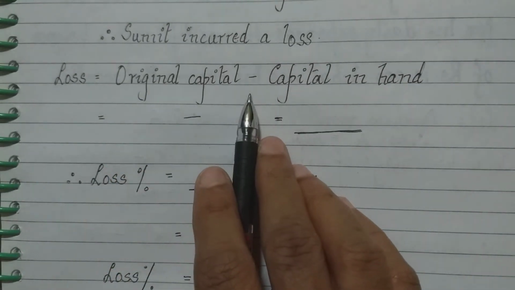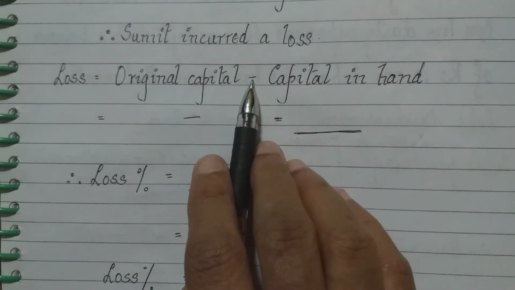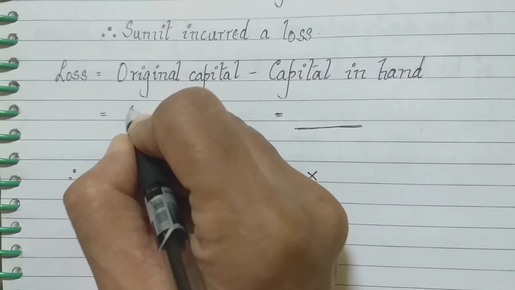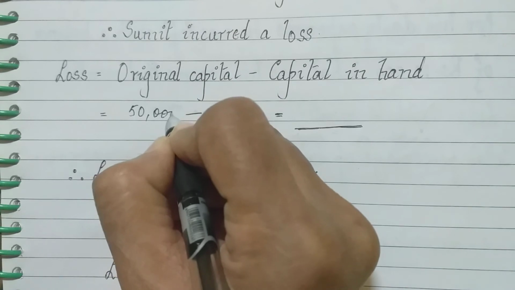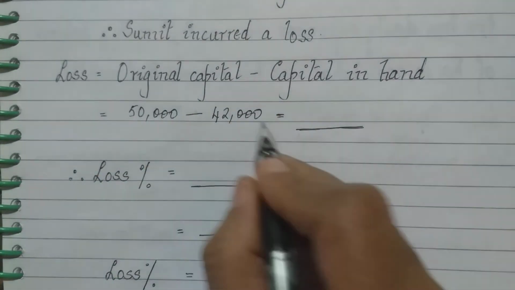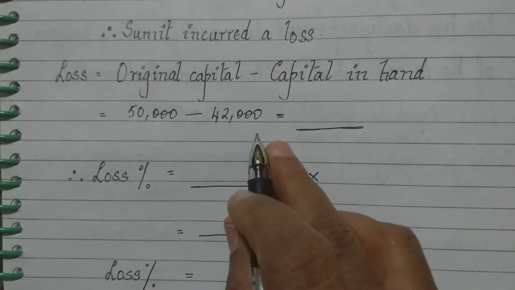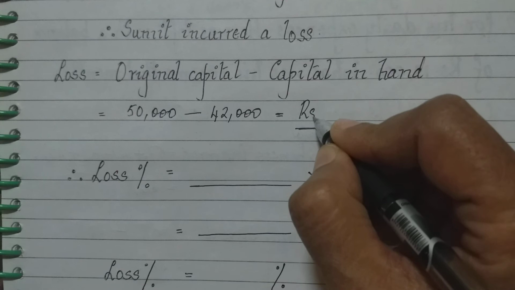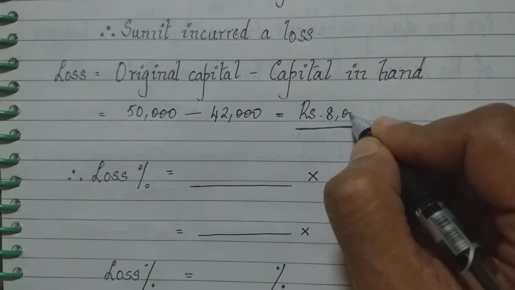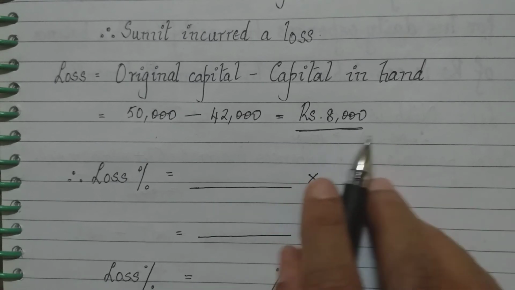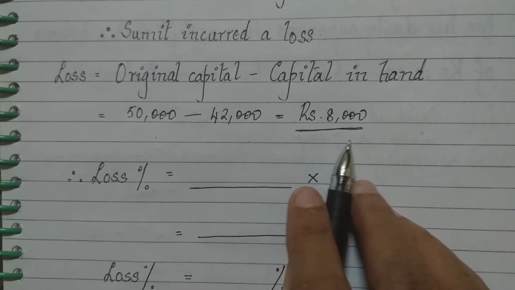It will be the original capital, what he had initially, minus what he has now. Originally he had 50,000. Now he has 42,000. So how much is the loss? 50,000 minus 42,000 is rupees 8,000.